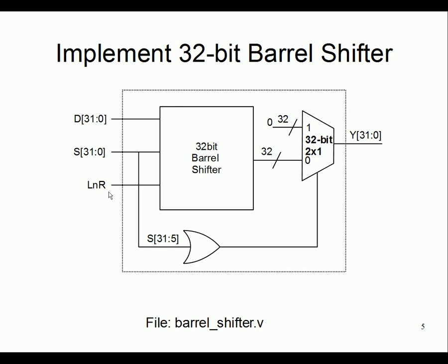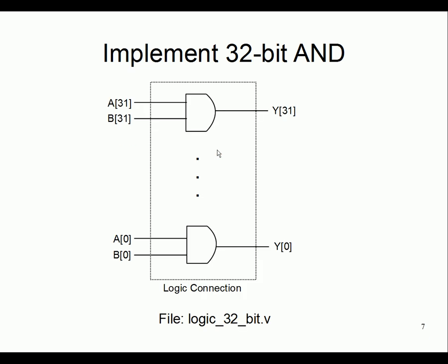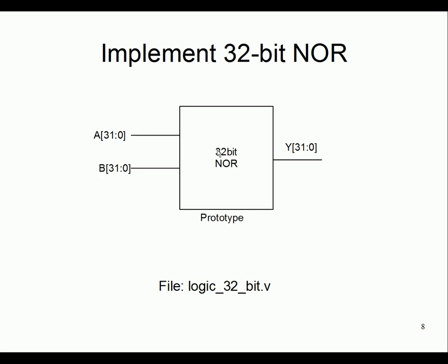Okay, so we do the barrel shifter, and the rest of these things are much easier, like the 32-bit AND, and I requested you to implement that upfront because you need this module for your multiplication. Remember, your multiplication involves the 32-bit AND operation, so you have already done this. Then NOR, which I have already done with the generate block technique in the last lab.